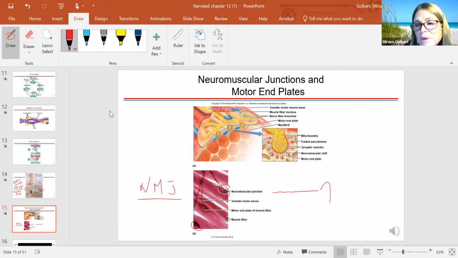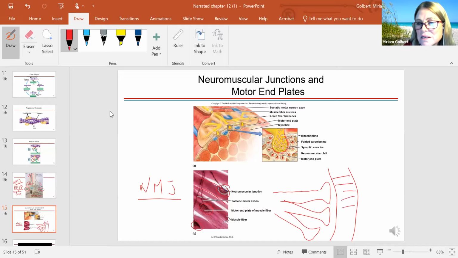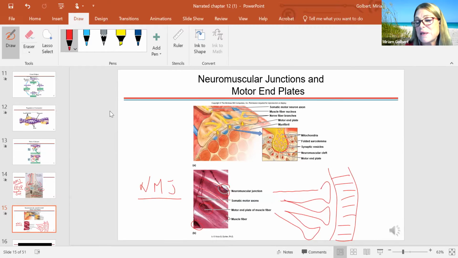We usually draw it like one synaptic end, but in real life, it has several, I call them several little feet. So they're gonna be touching the skeletal muscle fiber in many different places. Okay, so that's what we consider the neuromuscular junction. One little foot and the area of the skeletal muscle fiber that is touching. Is that good? Any questions so far on this?